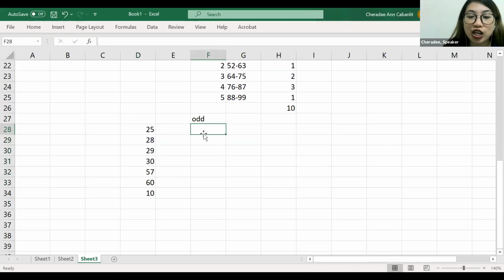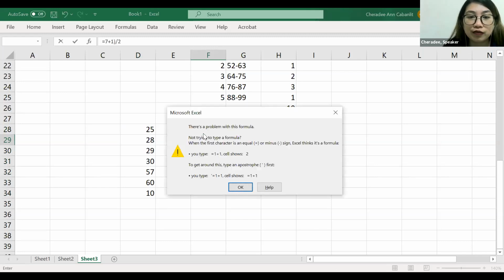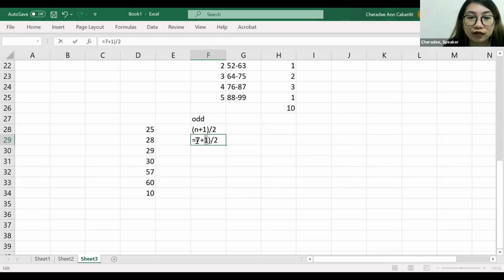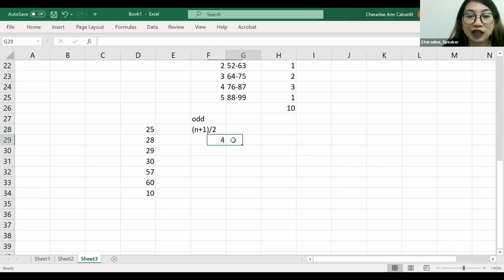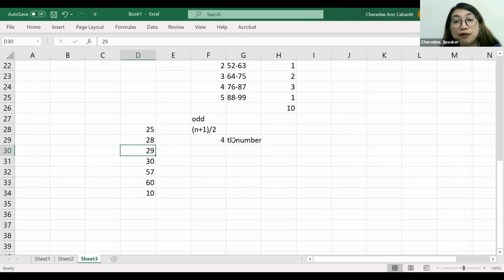So since there are 7 of them, the formula is n plus 1 divided by 2, always. Your n here is 7, so 7 plus 1 divided by 2 is 4. Meaning you get the fourth number in the numbers.